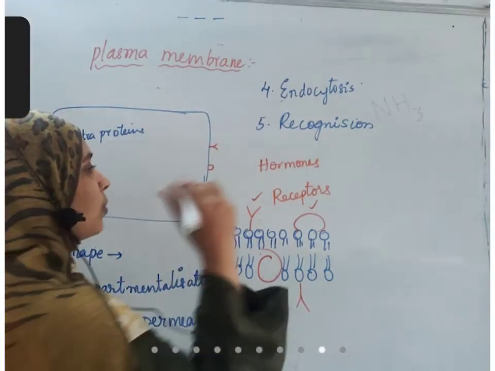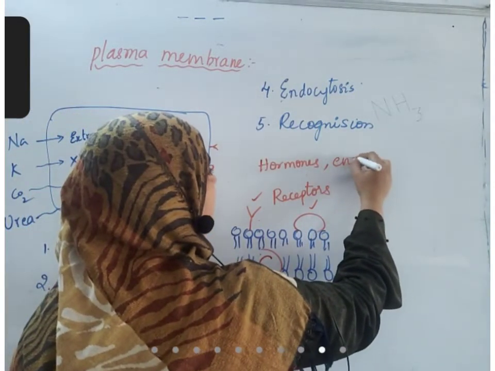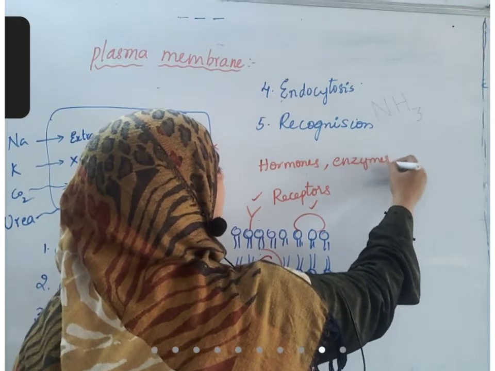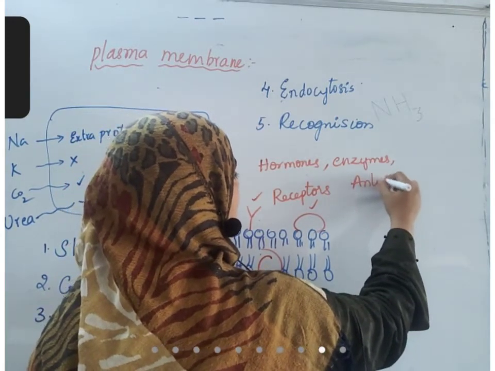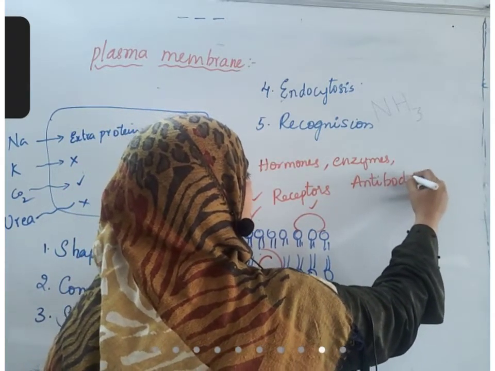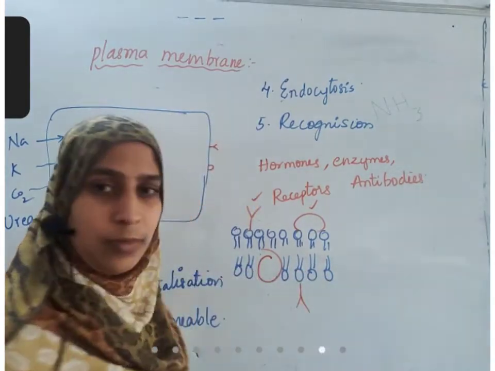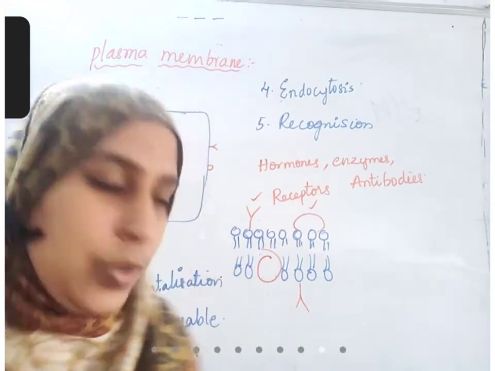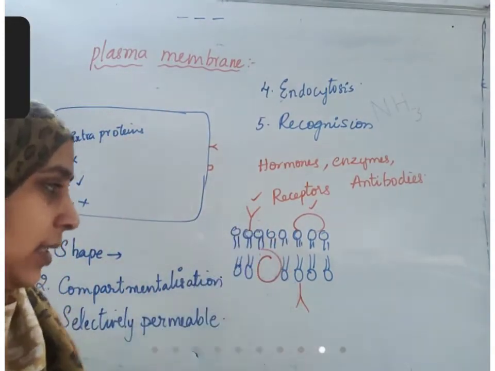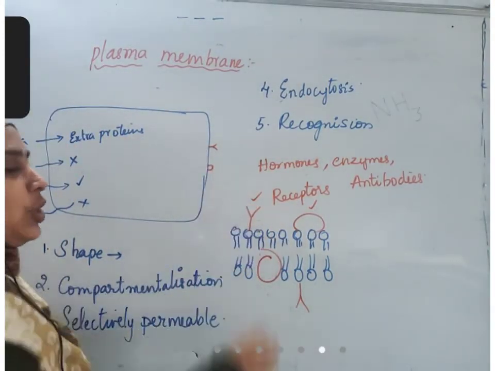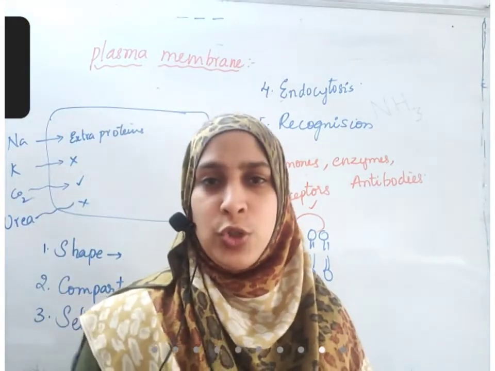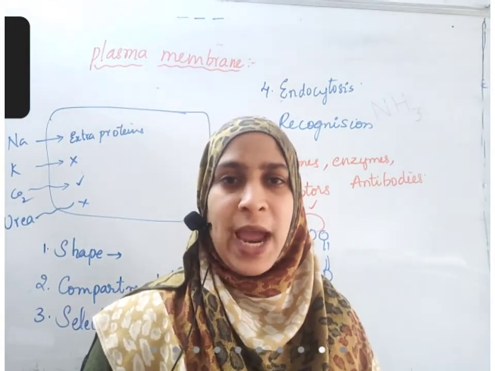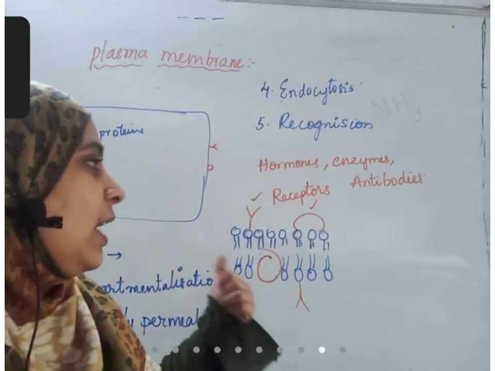Not only hormones, we have enzymes that are specific. We have antibodies in our body that are specific. So these molecules are called receptors. The receptor molecules help the molecules to identify which cell they should act on, like hormones, antibodies, enzymes.